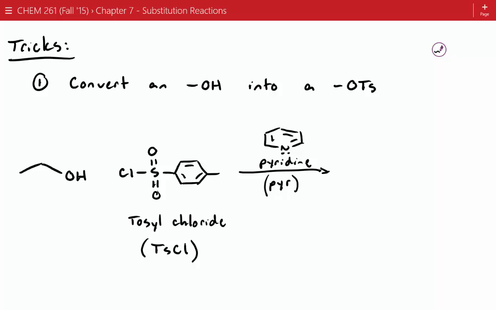So we react our alcohol with tosyl chloride and pyridine. And when we do this, we convert this alcohol into a tosyl group. We're not going to get into the mechanism, but why do you think we want to convert that alcohol into the tosyl group?